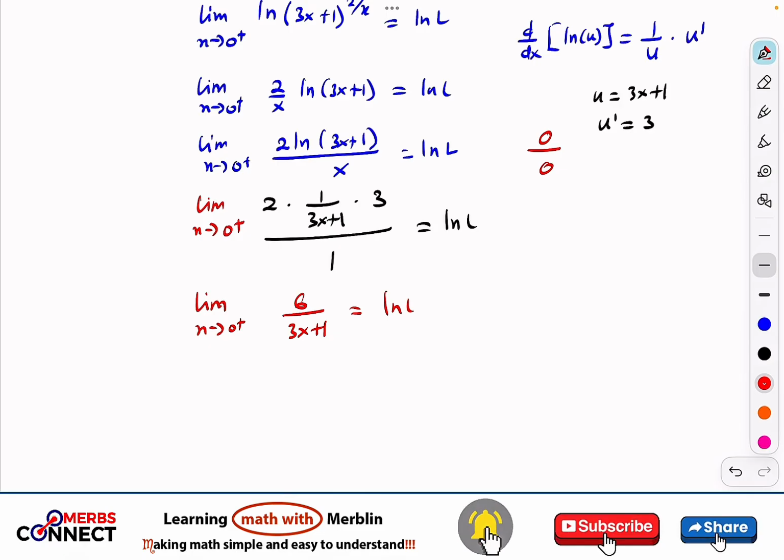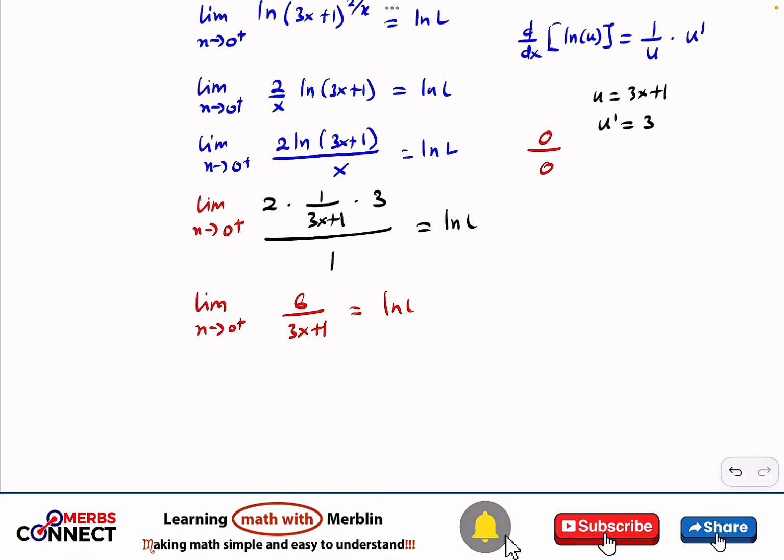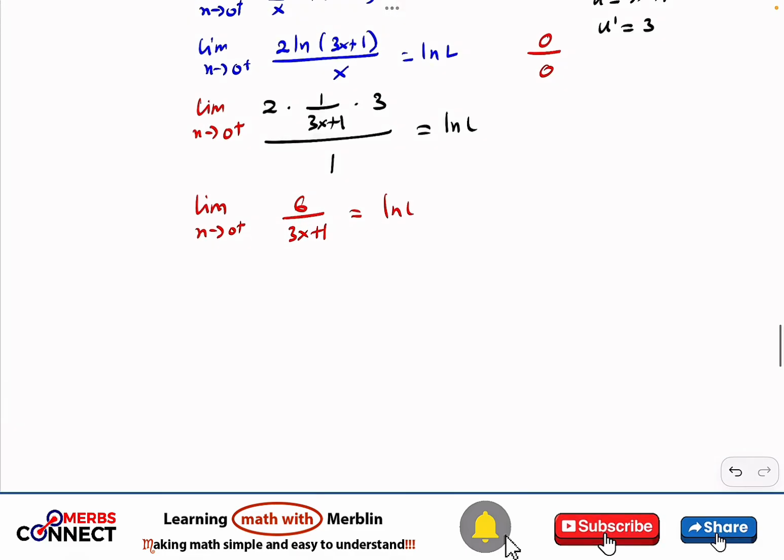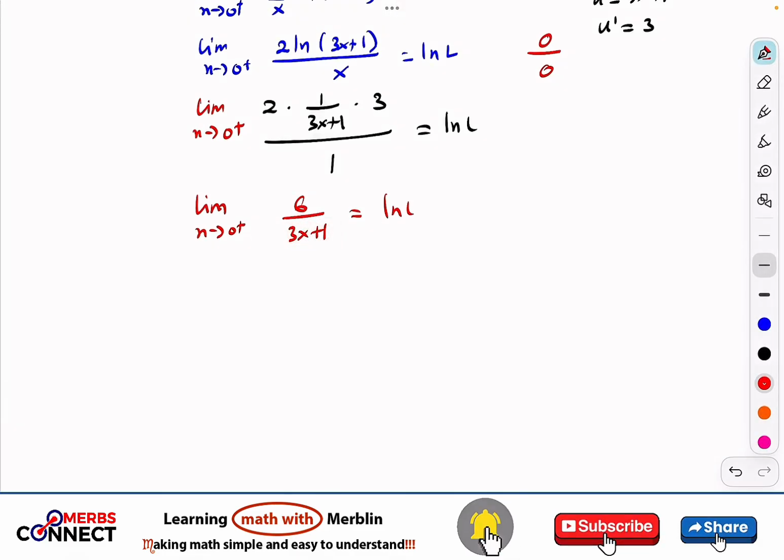One thing about L'Hopital's rule is, as soon as we are done taking the derivative, we need to do direct substitution again to see if we are getting a result, or if we need to continue differentiating. So let's plug in 0 here, and we have 1 here, so this is actually good. Now we can set x to 0 and have 6 divided by 3 times 0, which is 0, so this is 6 divided by 1.